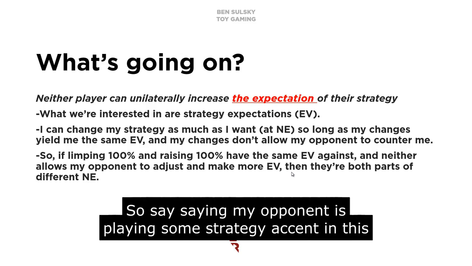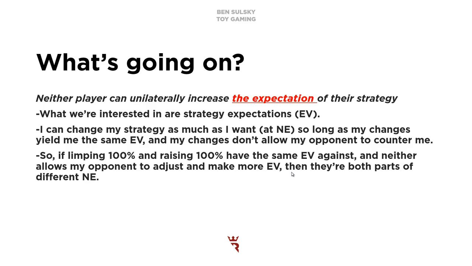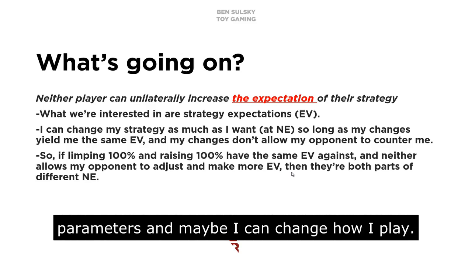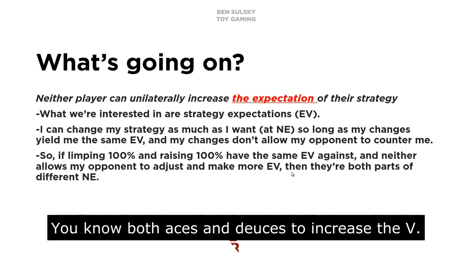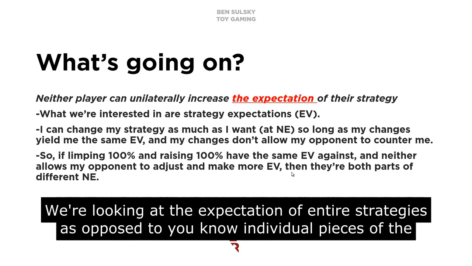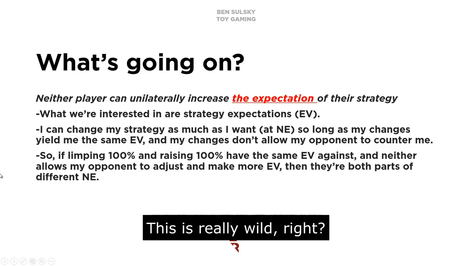Say my opponent is playing some strategy X, and in this case, X has to be a non-optimal strategy. That's irrelevant. Maybe I can change two parameters, like how I play both aces and deuces, to increase the EV of my deuces somehow. That still won't follow, because we're looking at the expectation of entire strategies as opposed to individual pieces of the strategy. This is really wild.